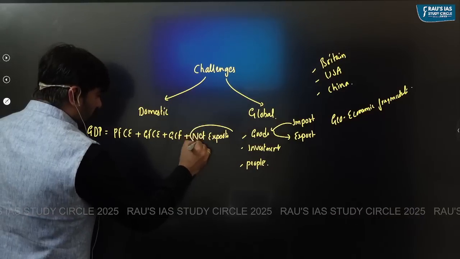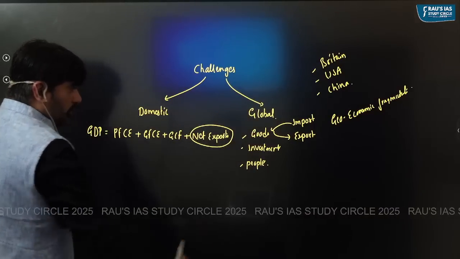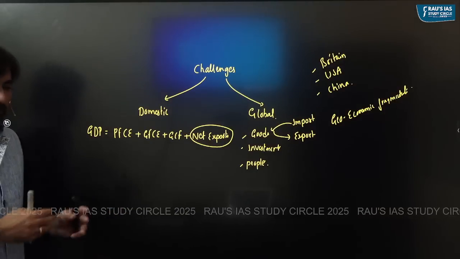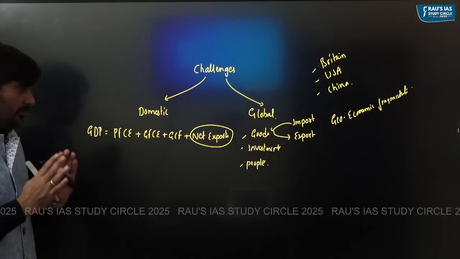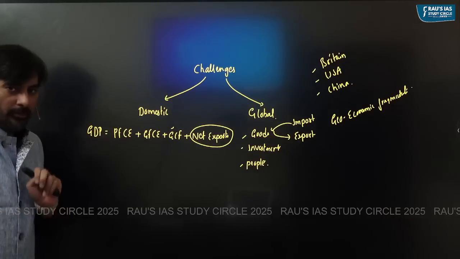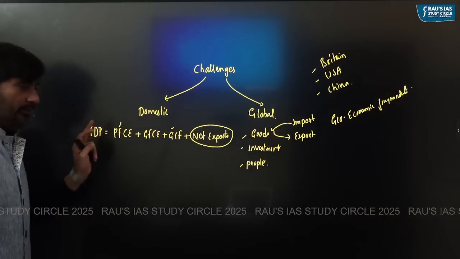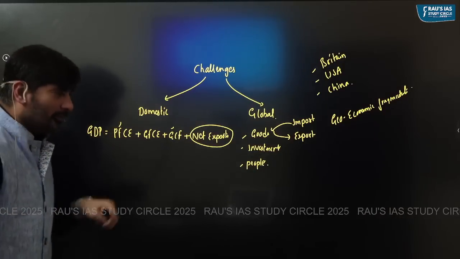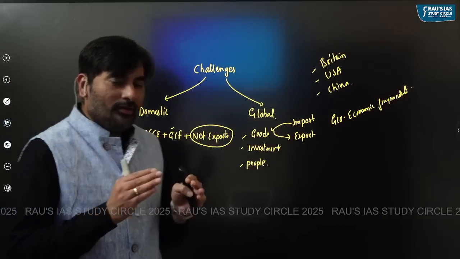Obviously, net exports is a problem because of geo-economic fragmentation. So now the factors that will pull forward the Indian economy would be gross capital formation as well as private final consumption expenditure. So let's understand what has happened to gross capital formation.